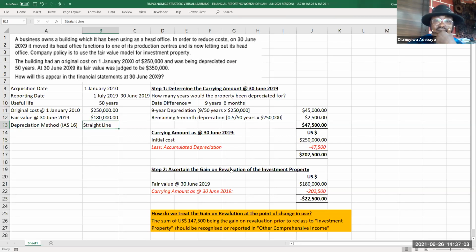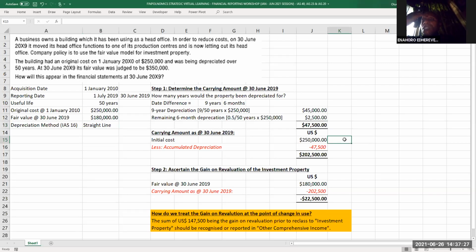How do we treat this loss? Who will answer? Okay, I think going by the prudent principle of the conceptual framework, that's what will be taken to P&L direct straight away.